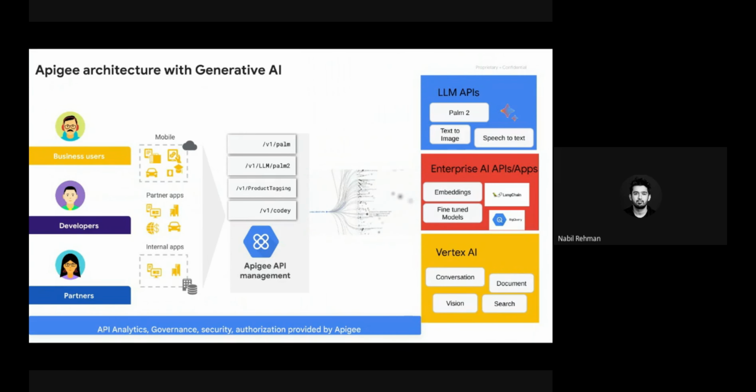So all of these large language model APIs, either raw APIs or the custom APIs that people will create, could be exposed through Apigee. So Apigee in this case would take care of the security, provide a unified security. Filippo was talking about the developer portal.